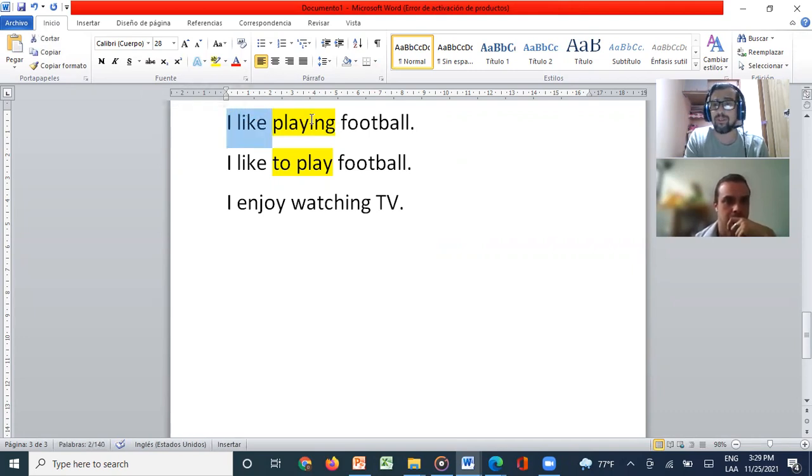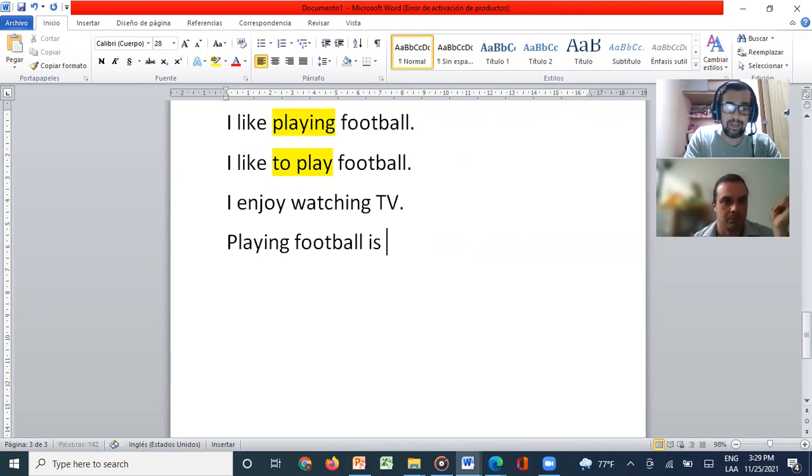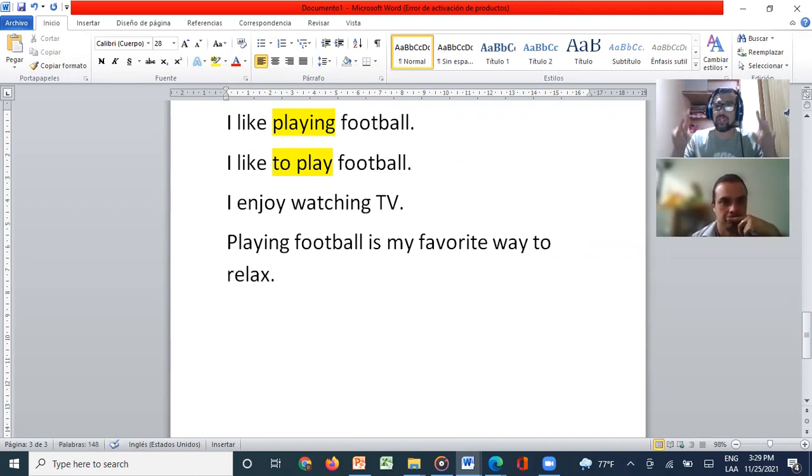Maybe you want to start with the verb. Then you can say, playing football is my favorite way to relax. So whenever you want to start with a verb, you use a gerund.